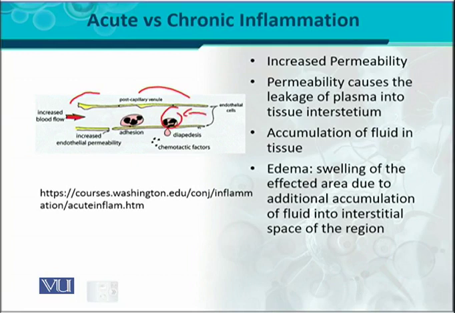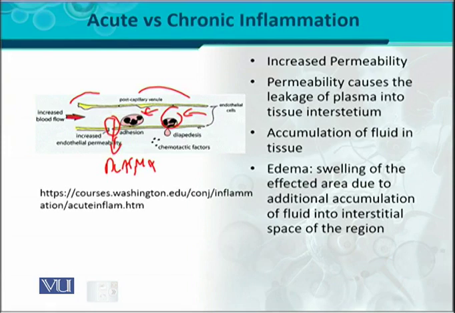The blood is moving, and whenever the blood vessel becomes permeable, you can see that between the cells of the blood vessel, like the endothelium, the junction between two endothelial cells will become wider. जब वो वाइड हो जाएंगे तो यहाँ से ब्लड फ्लो करेगा आउटसाइड, और आउटसाइड जो फ्लूइड है, जो प्लाज्मा है, it will move out, and as a result this plasma will accumulate into the surrounding tissue, और जब ये एक्यूमुलेट हो जाएगा तो उस एरिया में स्वेलिंग हो जाएगी, and that swelling region is called edema.